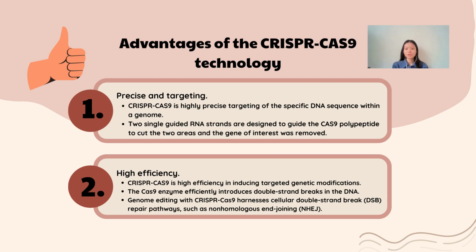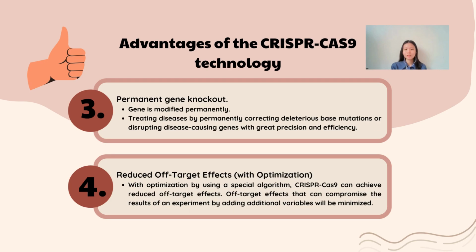CRISPR-Cas9 is highly efficient in inducing targeted genetic modifications. The Cas9 enzyme efficiently introduces double-strand breaks in the DNA. Genome editing with CRISPR-Cas9 harnesses cellular double-strand break repair pathways such as non-homologous end joining. Thirdly, permanent gene knockout.